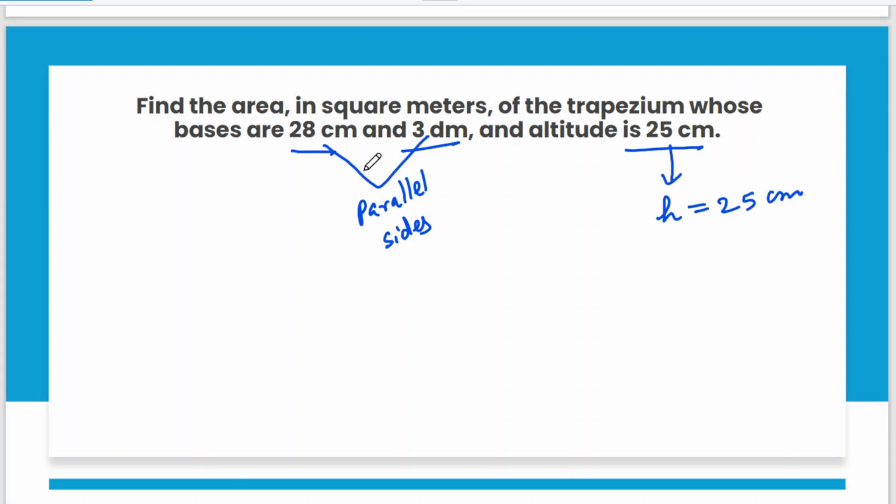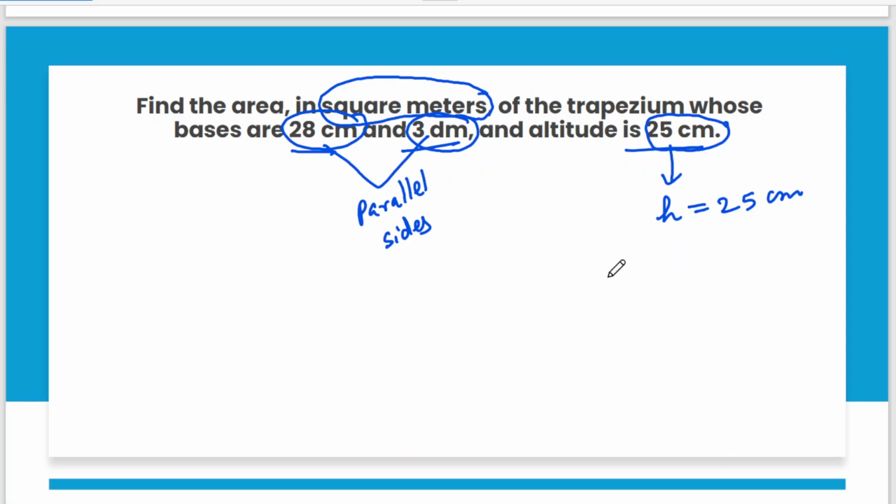Now, if you look at the unit, so one side is given as 28 centimeter, other is given as 3 decimeter, and the height is given as 25 centimeter. And they have asked me to find the area in square meters.